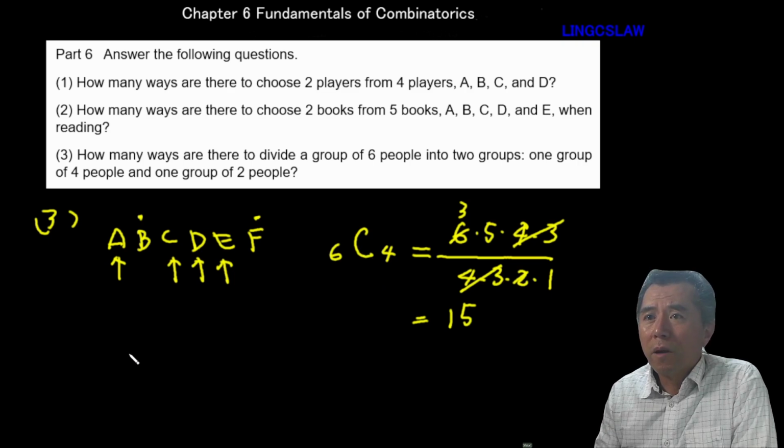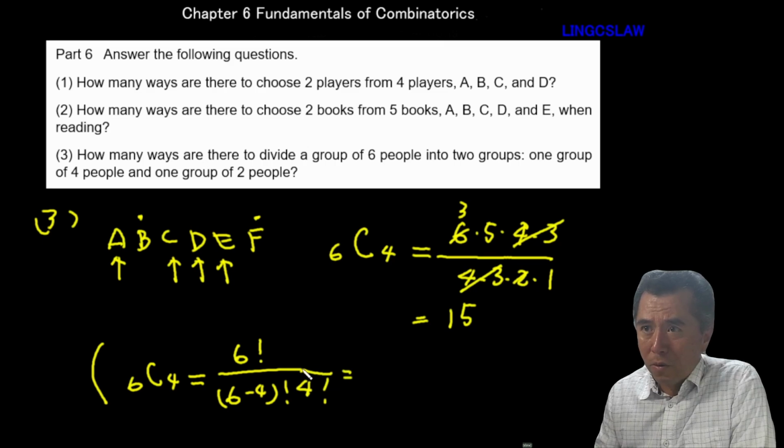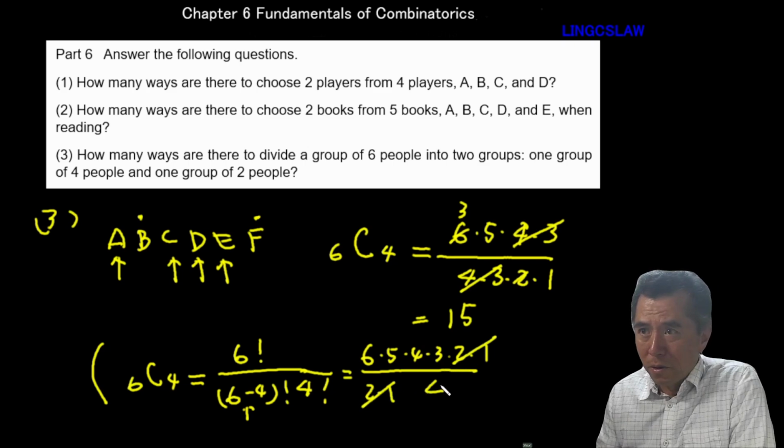And actually 6 combination 4 equals 6 factorial divided by (6 minus 4) factorial, 4 factorial, equals 6, 5, 4, 3, 2, 1 divided by 2, 2, 1 and 4 factorial.